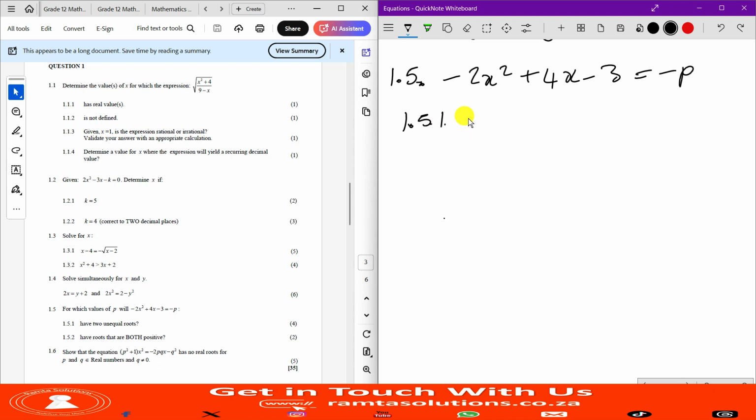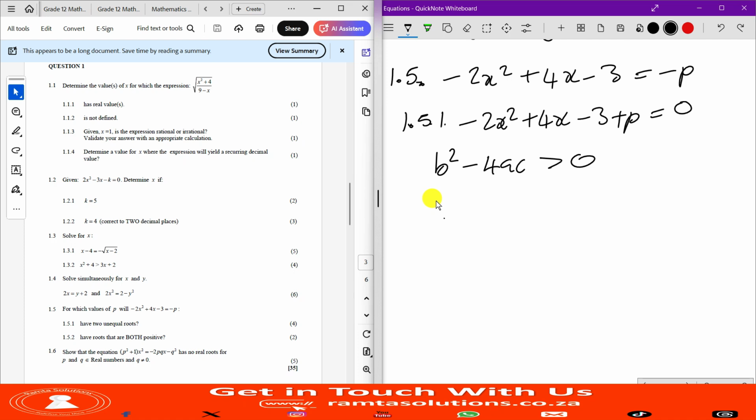For it to have two unequal roots, these are nature of roots, so you must write it in the form ax squared plus bx plus c is equal to 0. Therefore, it will be minus 2x squared plus 4x minus 3 plus p is equal to 0. Your discriminant, which is b squared minus 4ac, must be greater than 0.